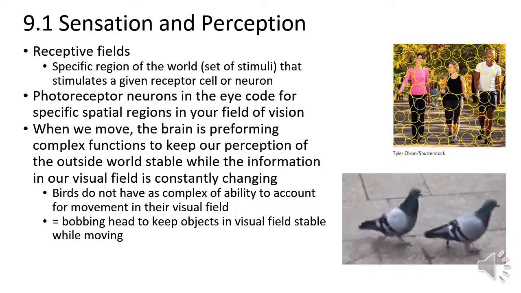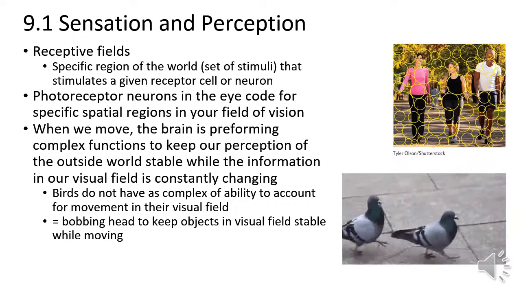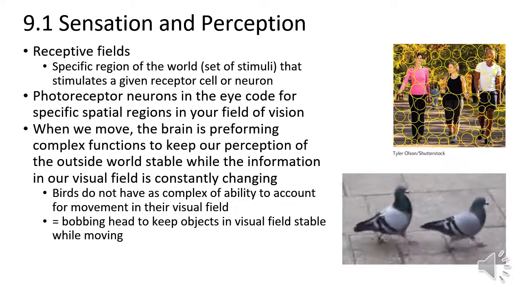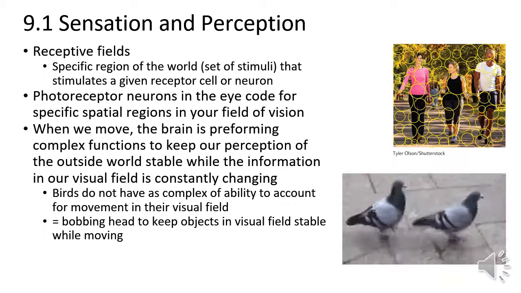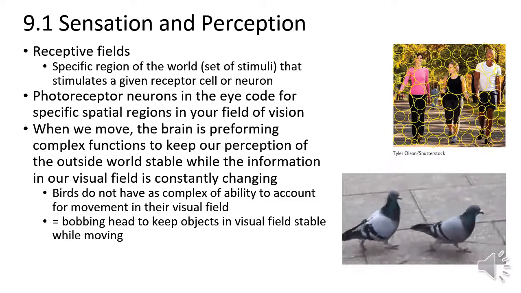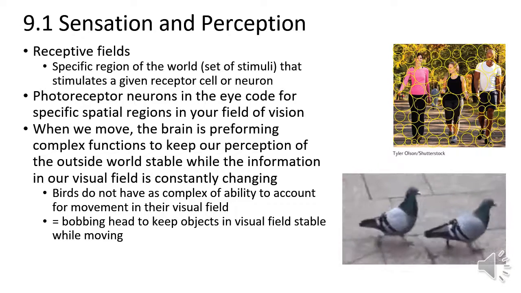When we move, the brain is actually performing rather complex functions to keep our perception of the outside world stable while there's so much changing information in our visual field. Keeping a stable concept of the environment while moving is a rather complicated neural process.